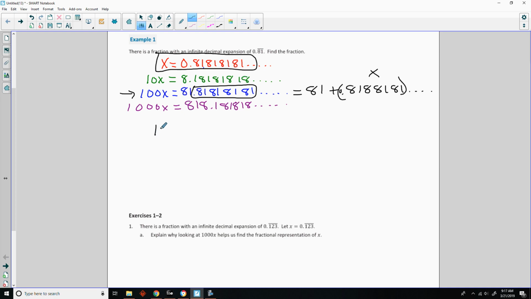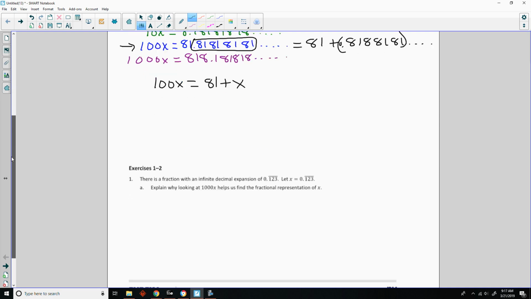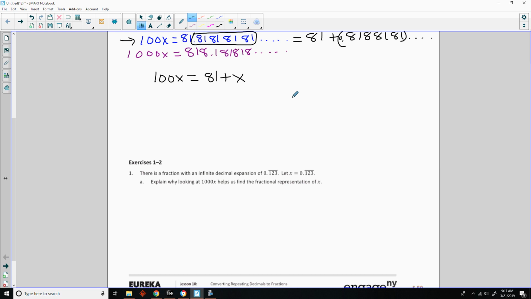So in other words, if we take 100x equals 81 plus x, then we can find out what x is. To solve this, I would subtract x from both sides, and I get 99x equals 81.